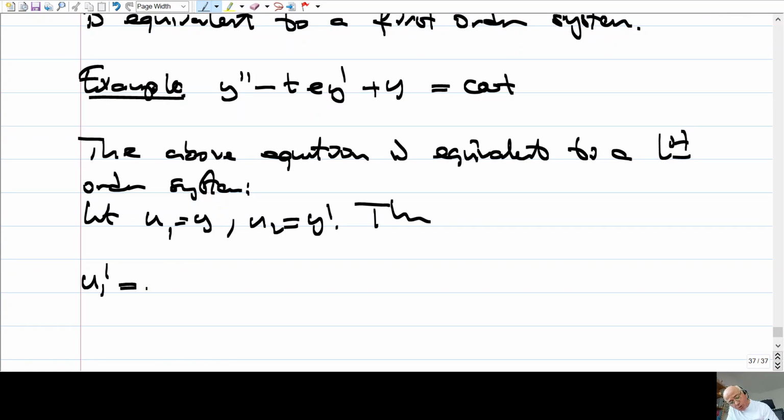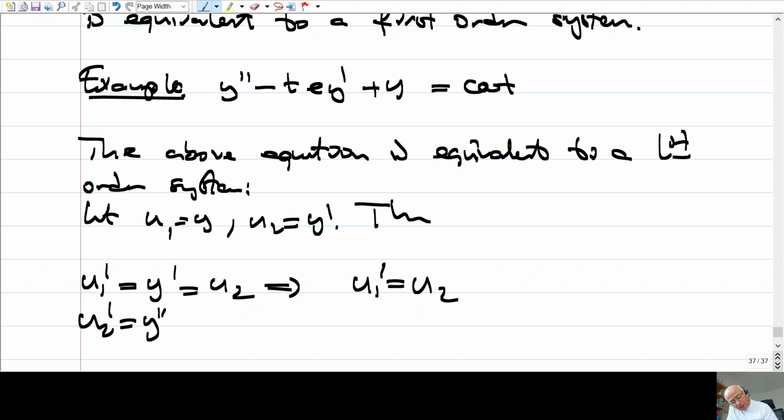u1 prime is equal to y prime, and y prime is equal to u2. So from this we get u1 prime is just u2. And what is u2 prime? u2 prime is just y double prime, and y double prime is equal to e to the power t times y prime minus y plus cosine t.